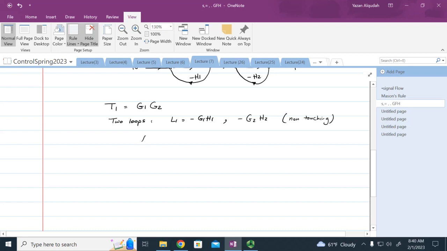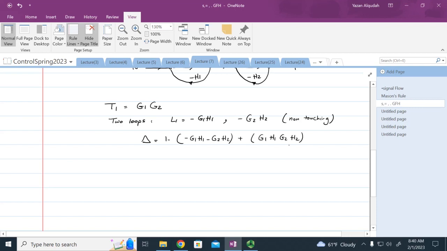And therefore, we can calculate delta, which is going to equal 1 minus G1 H1 minus G2 H2. And then we're going to take loop gains G1 H1 and G2 H2.